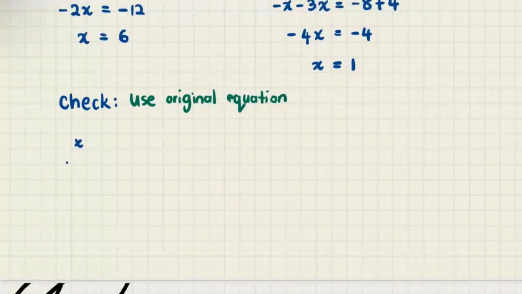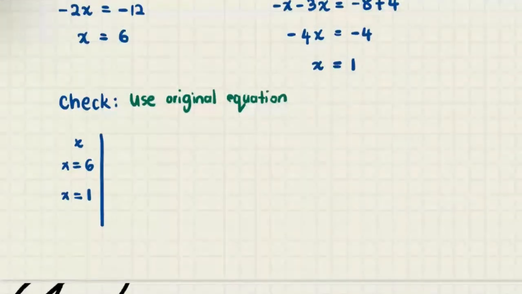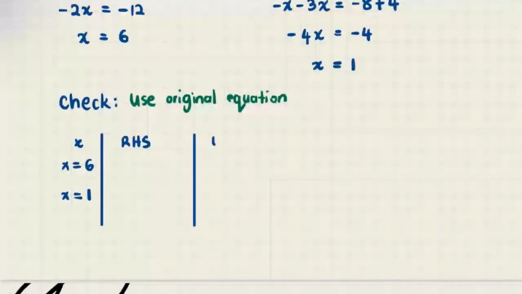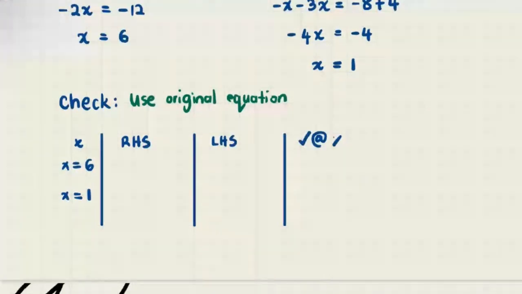So we have 2 earlier, x equals 6 and the other one is x equals 1. Then the right hand side, and then the left hand side. Then we will either accept or reject.